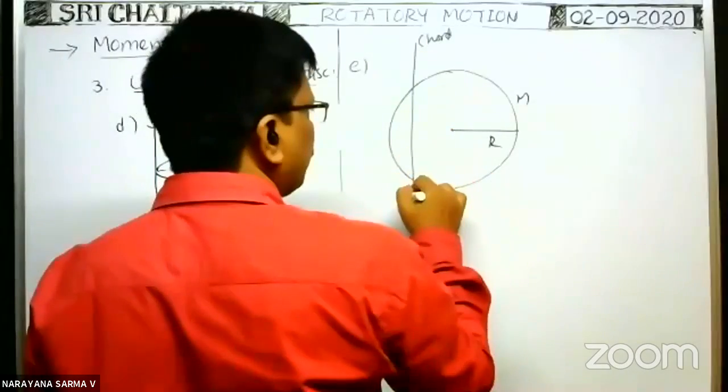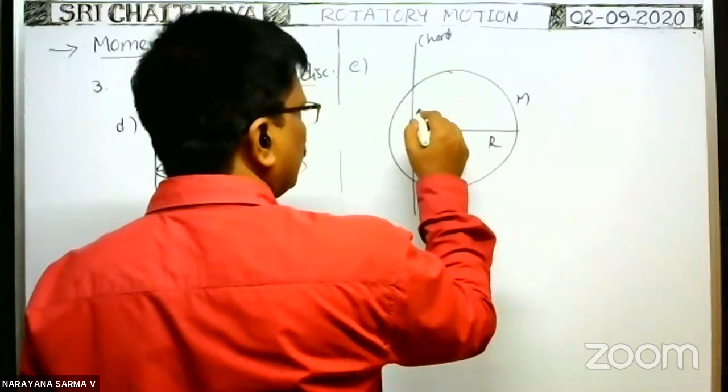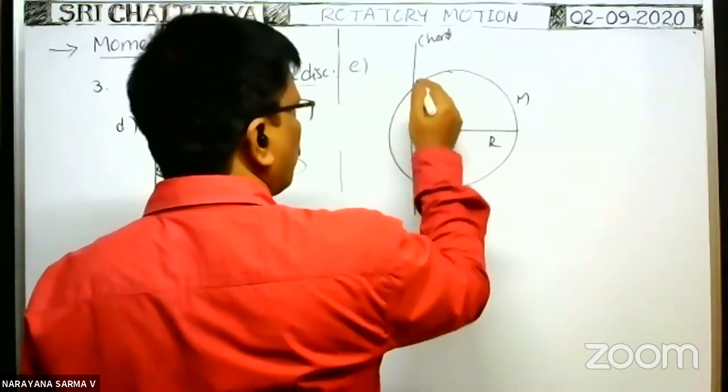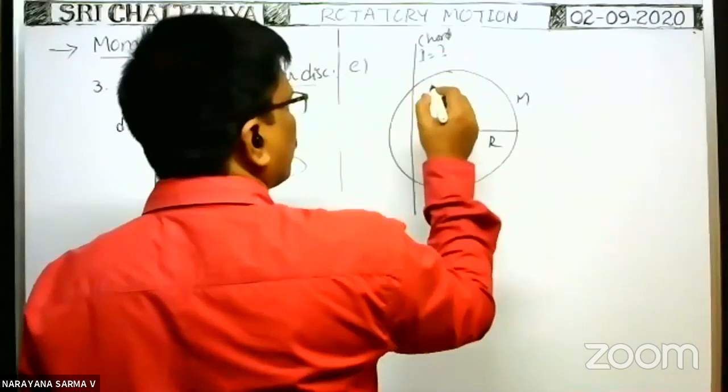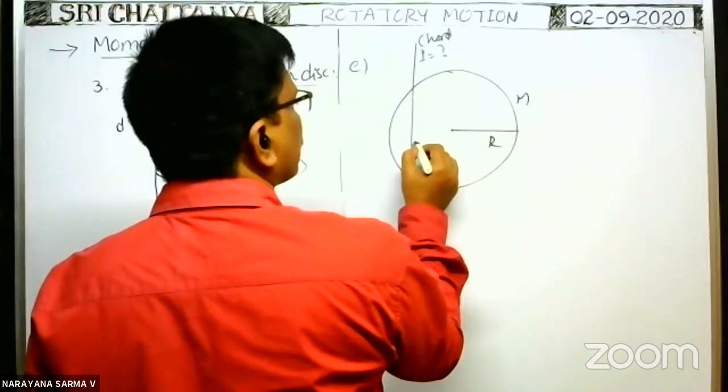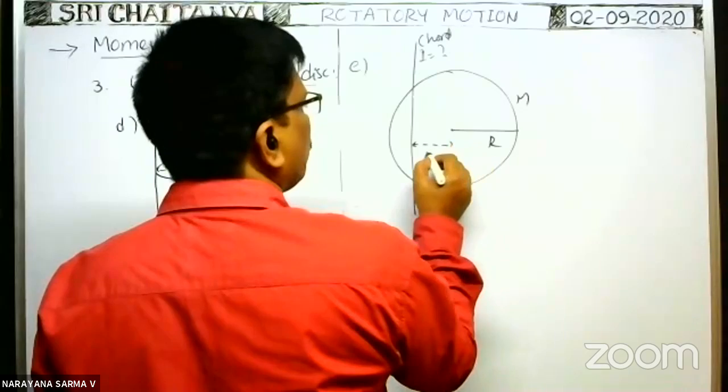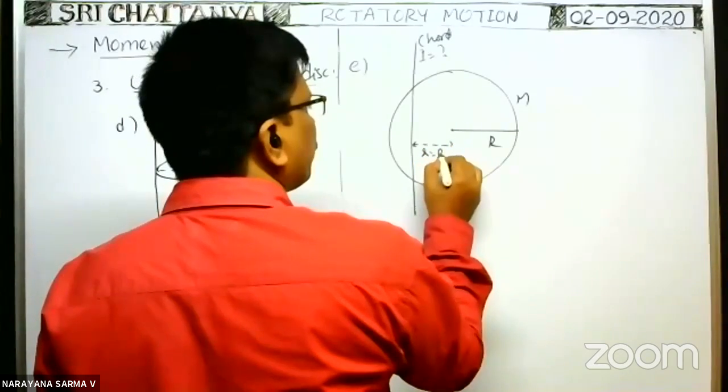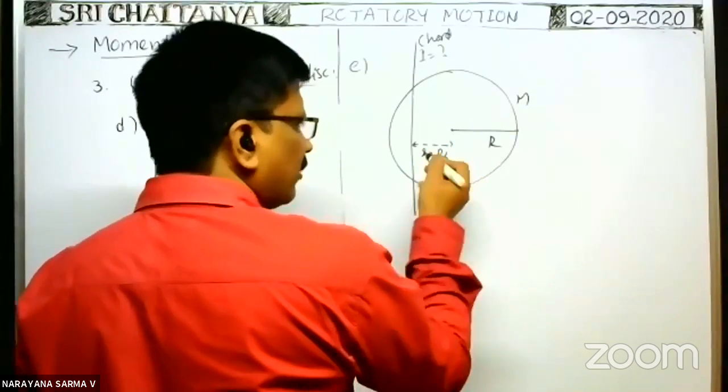This is the chord of the circular disc. About this chord, what is the moment of inertia? I is the question mark. Here this chord is at a distance small r, which will be given. Small r is equal to half of the radius or one third of the radius, like that it will be given.